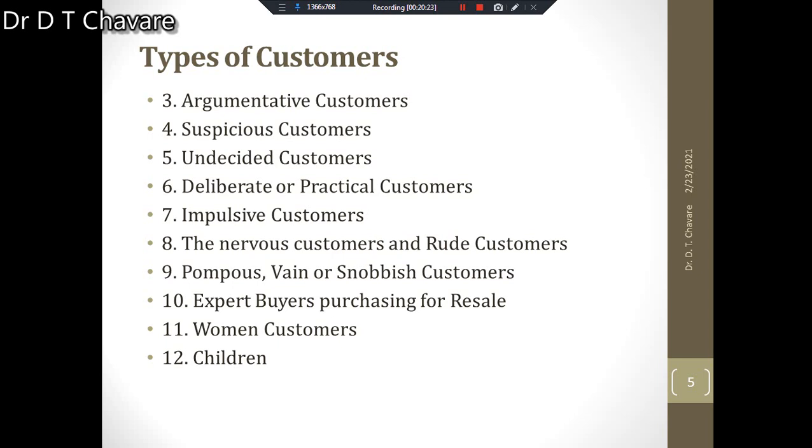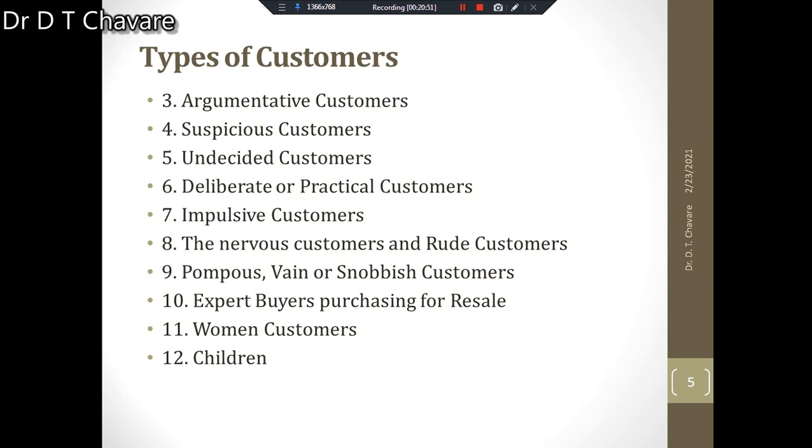What are the essentials of selling? First, a suitable personality should be there. Such a personality will impress the customers. Then adequate product knowledge is also essential, and adequate knowledge of customers is also essential. Such features you should possess as a salesman.